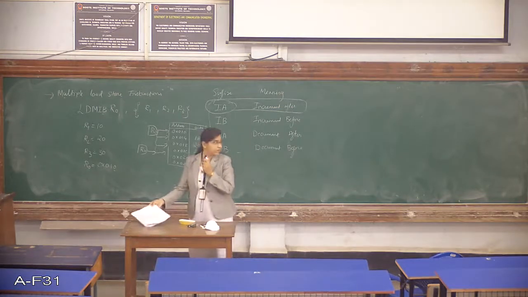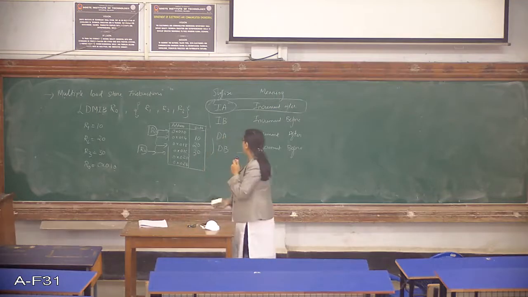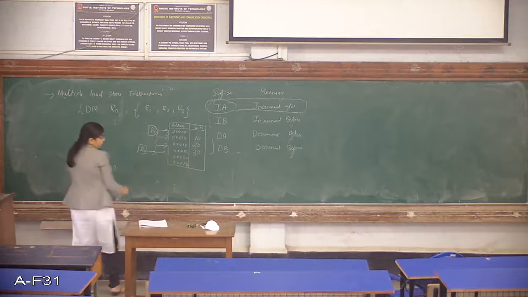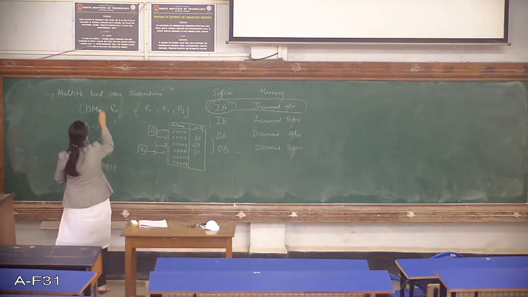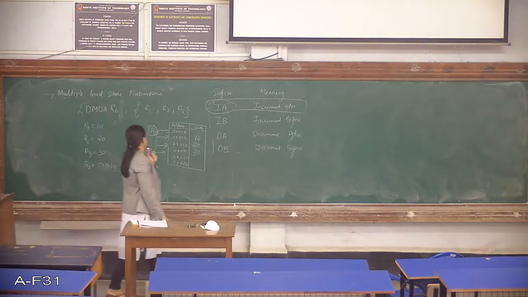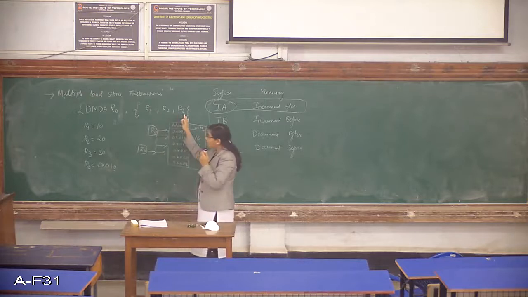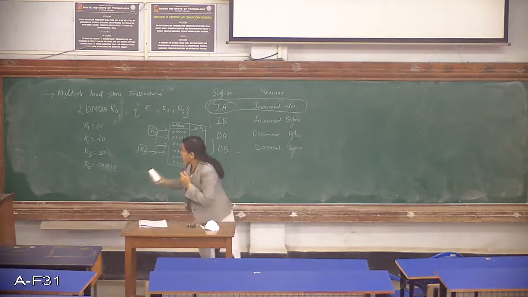Now similarly, we can go ahead with decrement after, which is DA. LDMDA R0, {R1, R2, R3}. How exactly is this working here?